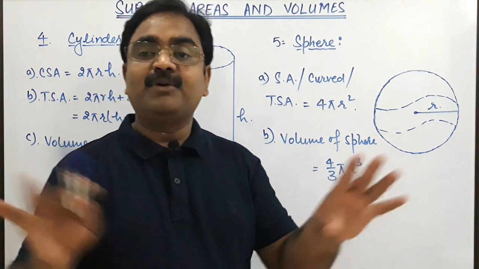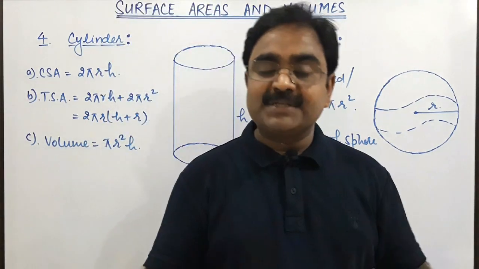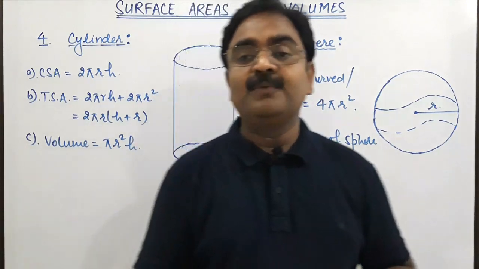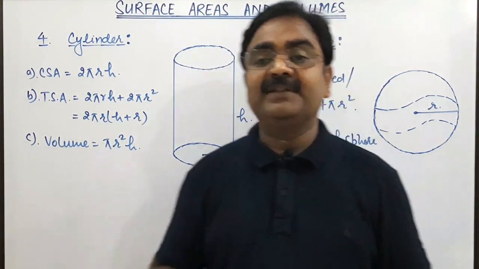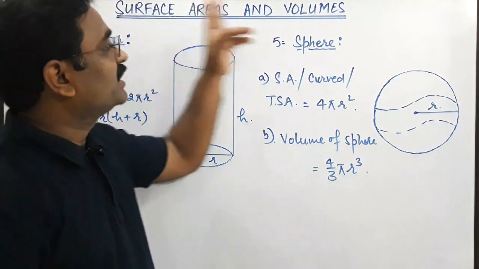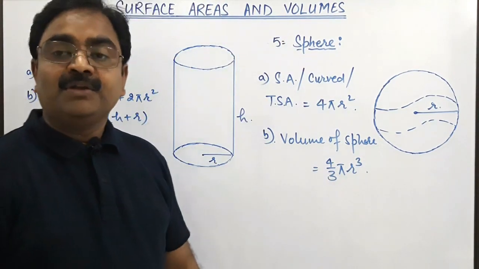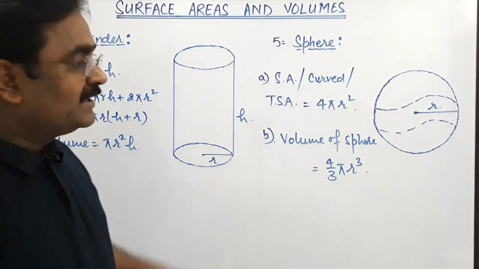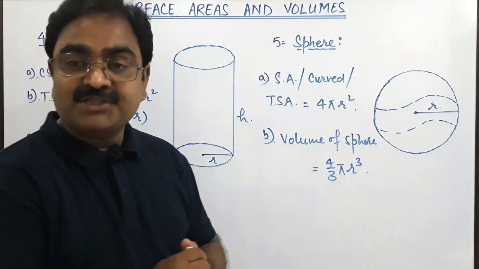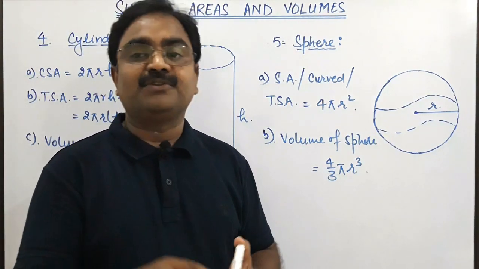So this is all about the introduction of your previous class, which was very important to tell you. I have given this as an introductory part of surface areas and volumes. As we have discussed here in our class 10th, we will study the combination of solids.